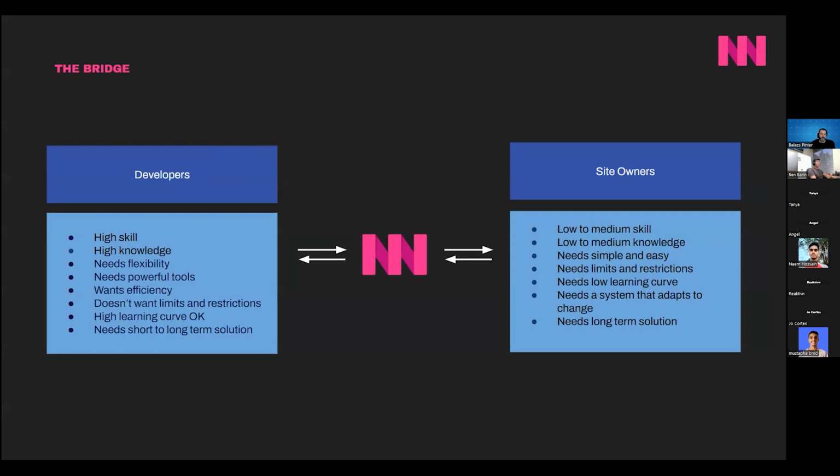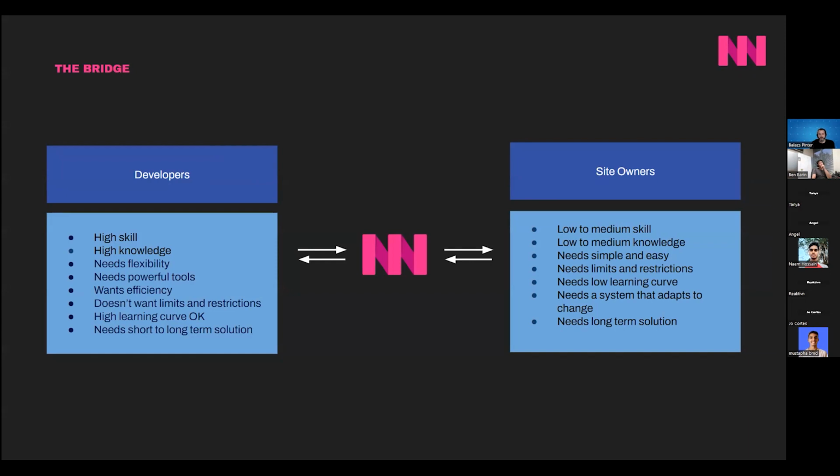And what we're finding is that if we've got tools that work for both of those groups, then there's bound to be lots of restrictions and compromises that make it possibly not quite suitable for either of those, or hard work potentially for both developers or site owners. So the simpler the system is, the more restrictive it can be.